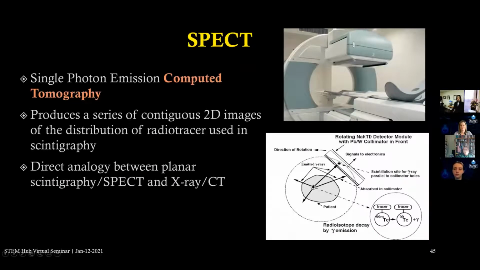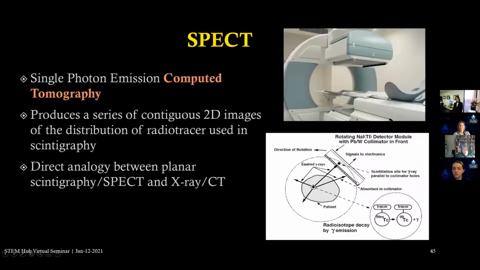And another advanced imaging modality is called SPECT, which is single photon emission computed tomography. This is again very similar to X-ray computed tomography, which we just talked about. So here we are producing a series of continuous 2D images instead of the overlap of the 3D projection, and it also has a gantry.